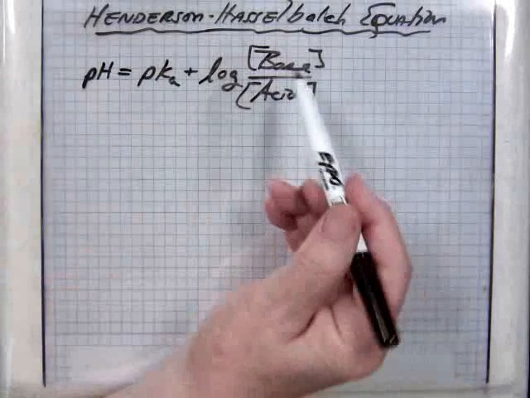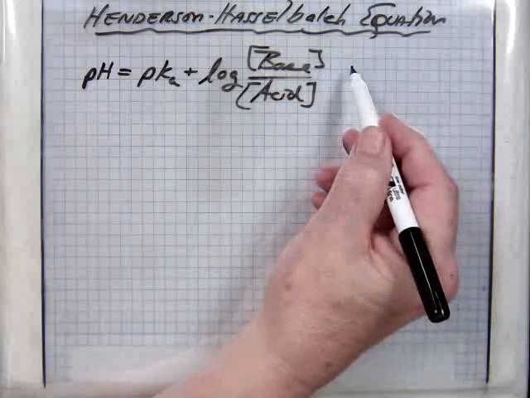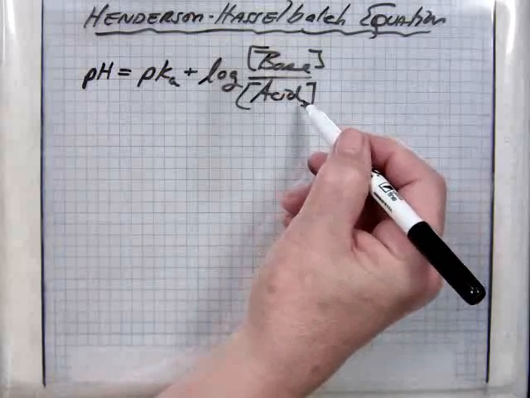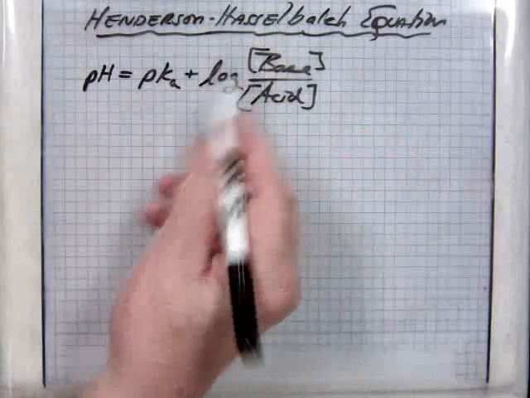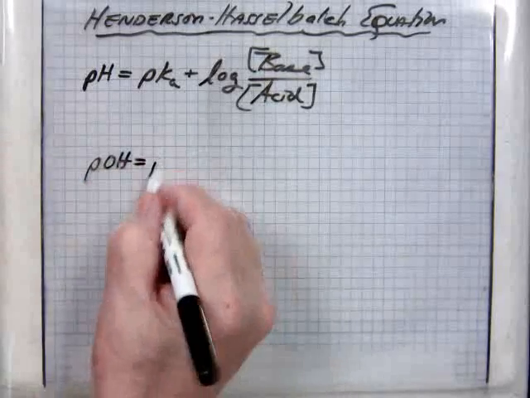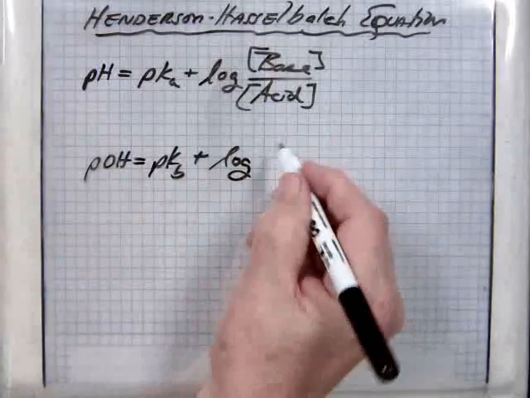So if you have, this would be, say, the conjugate base of the system, and this would be whatever your acid is. Now, you can use this same one for alkaline systems, and that'd be a pKb plus log of the conjugate acid.